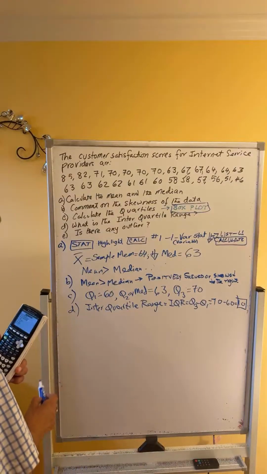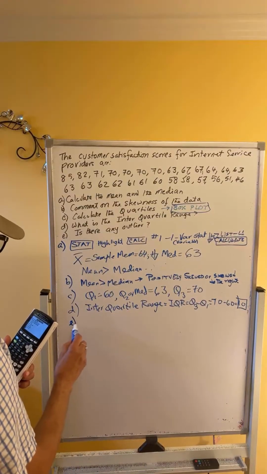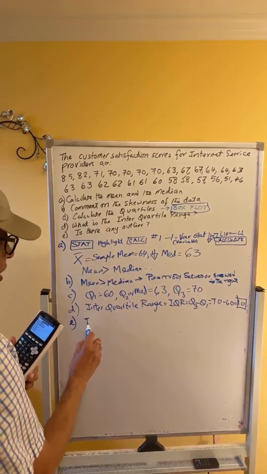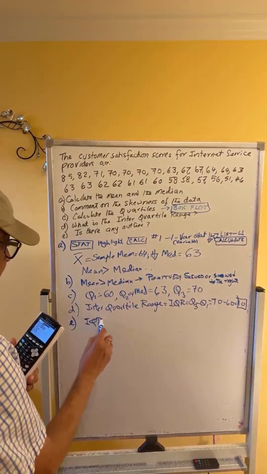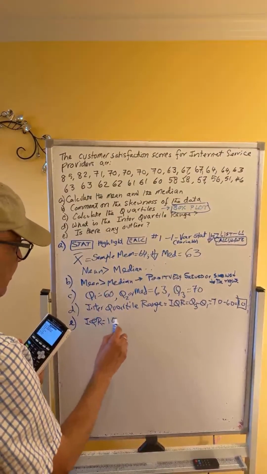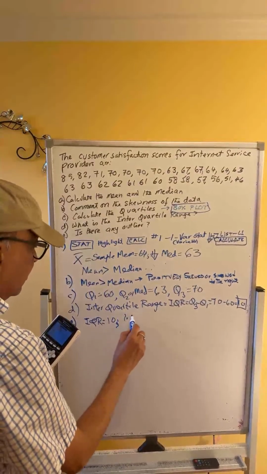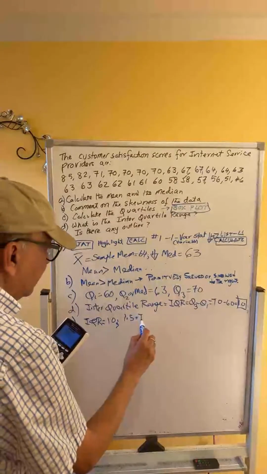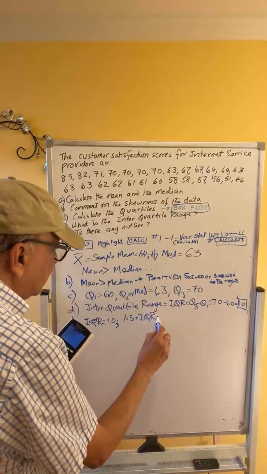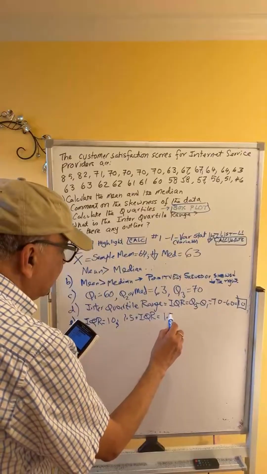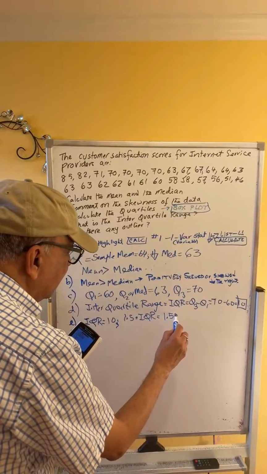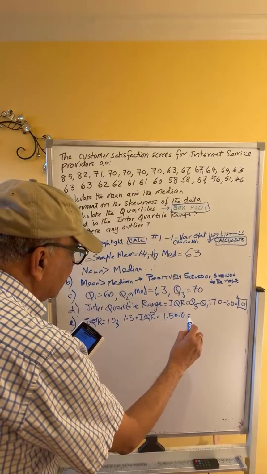Now for part E, is there any outlier? First, we take the IQR, which we calculated in part D as 10, and then calculate 1.5 times IQR, which is 1.5 multiplied by 10, which is 15.